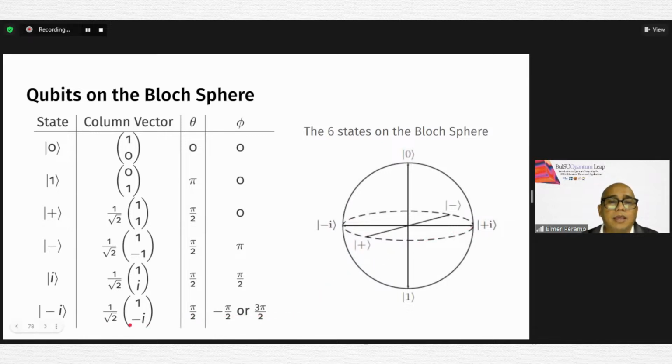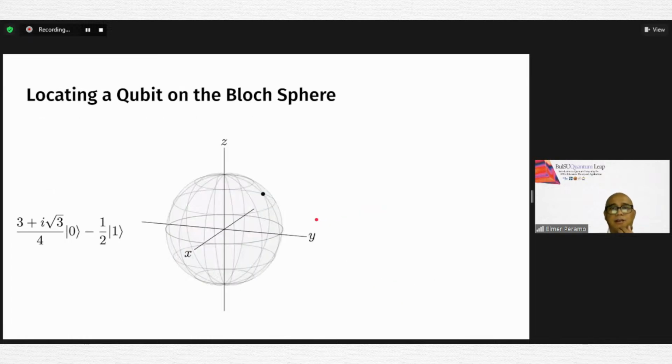And then for negative i, 1 over square root of 2, 1, negative i. So that's this point. The angle from here to here is also pi over 2. And the value of phi from here to here is 3 pi over 2. So those are the 6 states on the Bloch sphere.